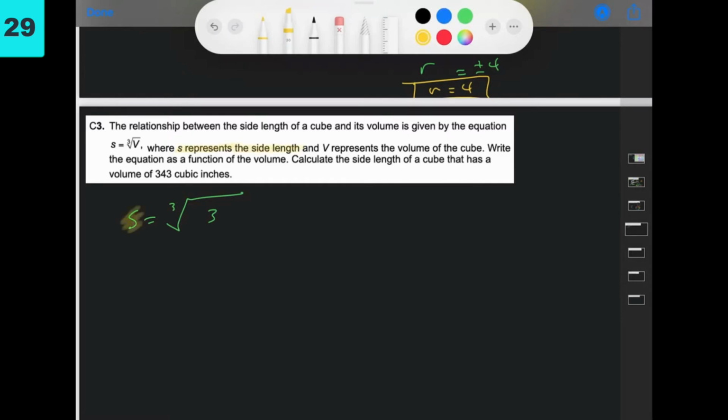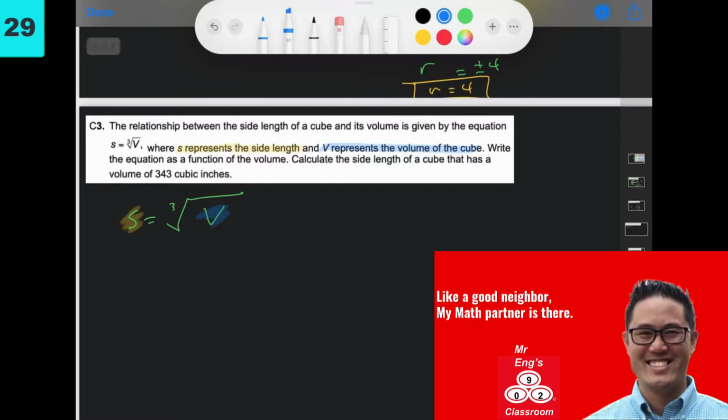So this S is a side length. And the V represents the volume of the cube. Write the equation as a function of the volume.